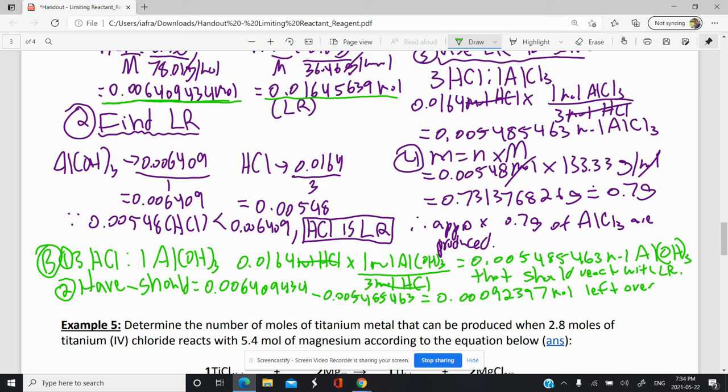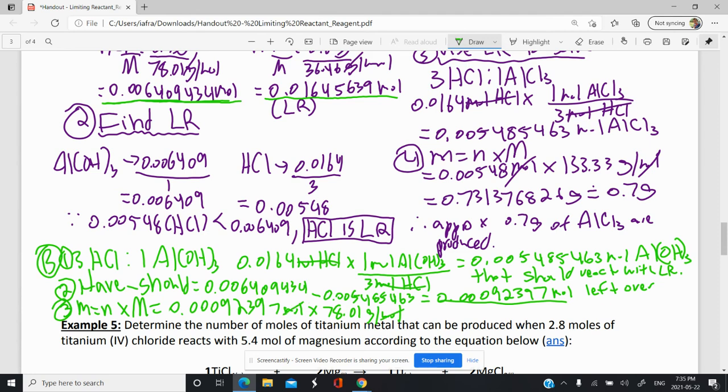Now, typically they ask you to find the leftovers in grams. So we can do that. Our mass is equal to moles times our molar mass, which is equal to the leftover moles that we found here, 0.0009237 moles times the molar mass, which was 78.01 grams per mole. Cross out the moles there.